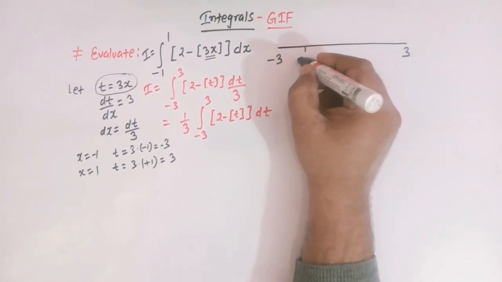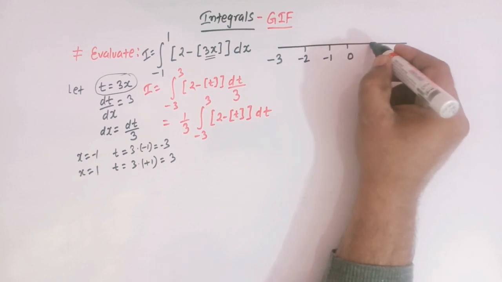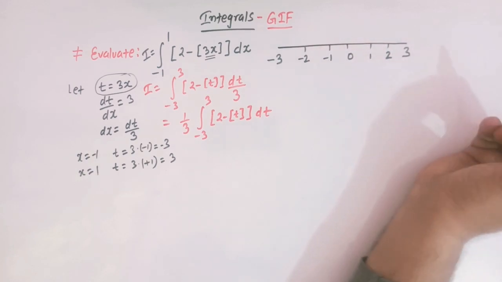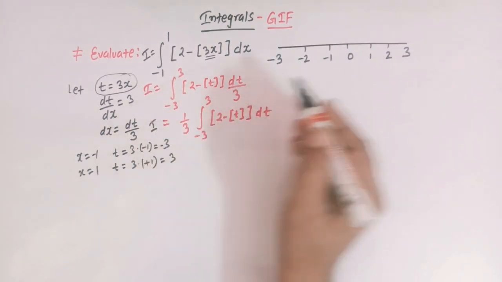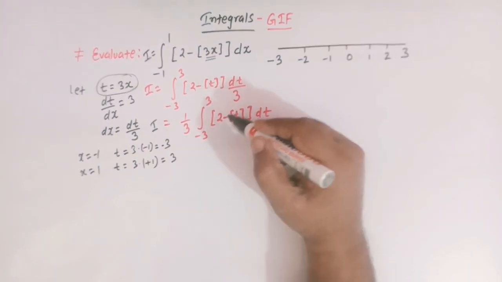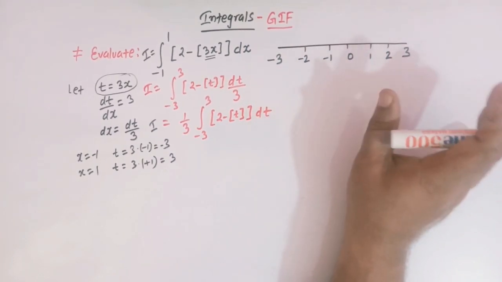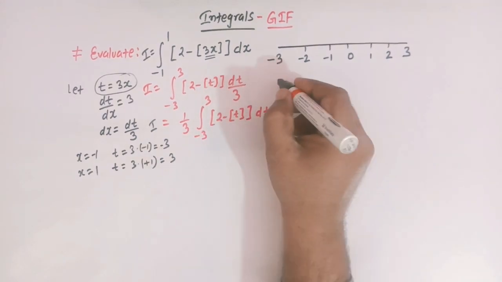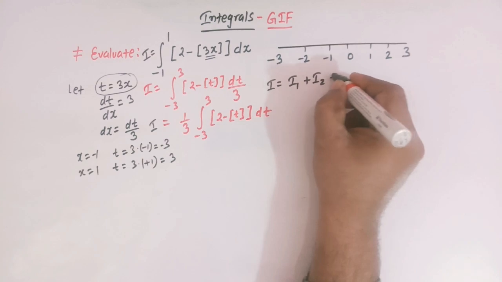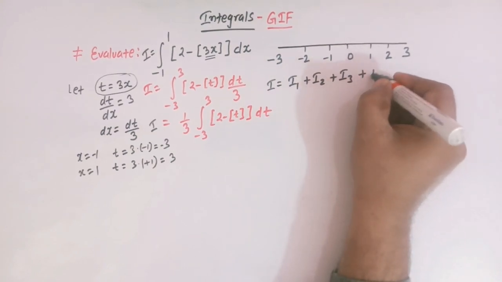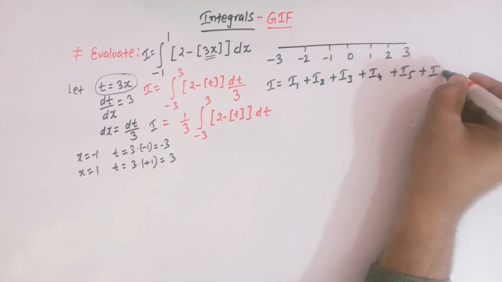So we have -2, -1, 0, 1, and 2. So we'll split this integral as a sum of 6 integrals. Now we can write I equal to I1 plus I2 plus I3 plus I4 plus I5 plus I6.